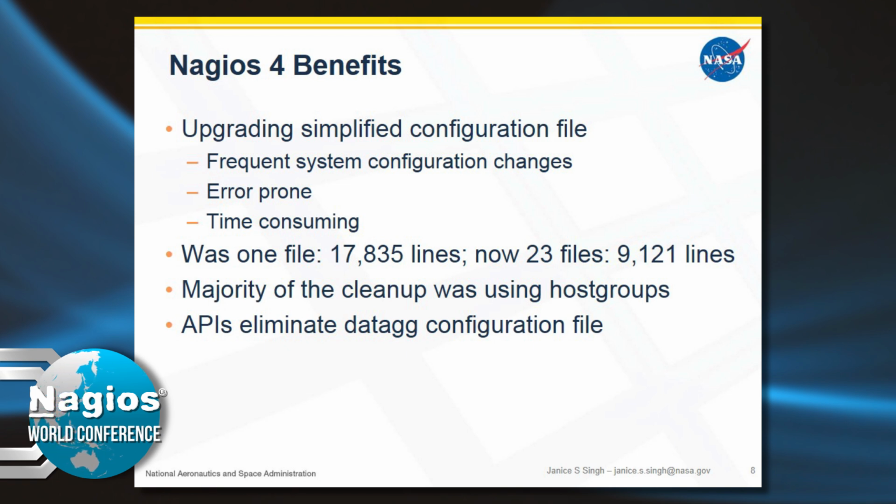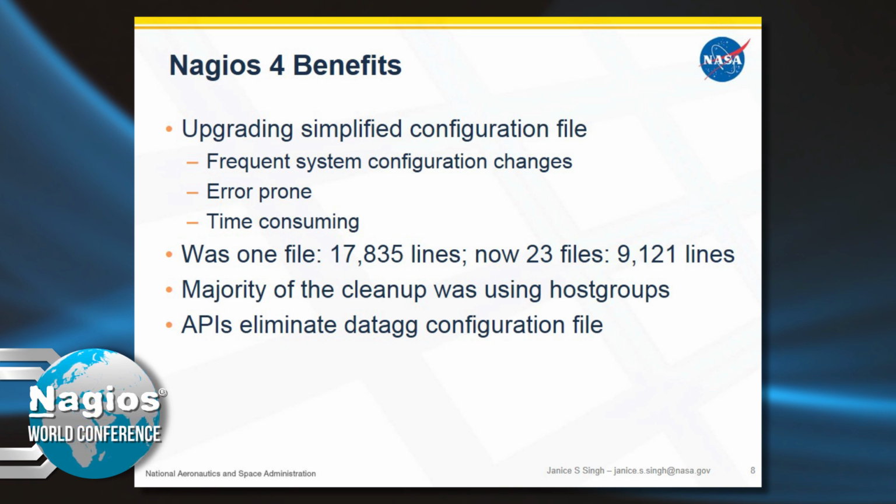Just doing that upgrade simplified things for us. As it shows there, it was originally over 17,000 lines of code that we were able to get down to 9,000 just from using some of the features from the upgrade.